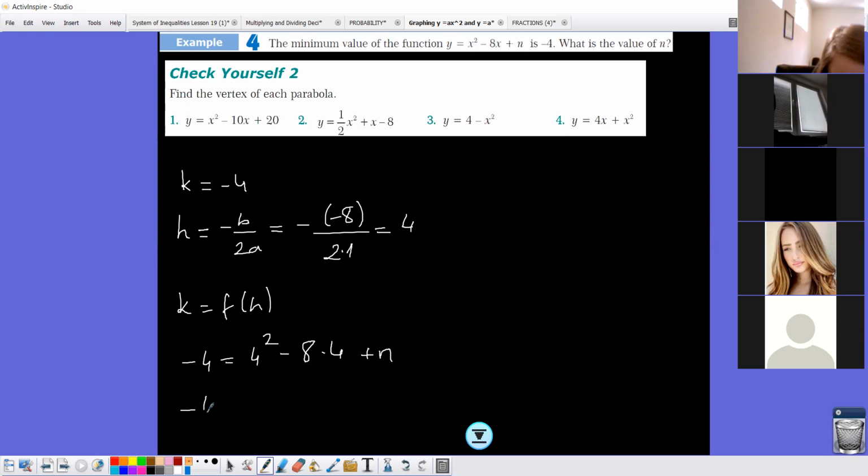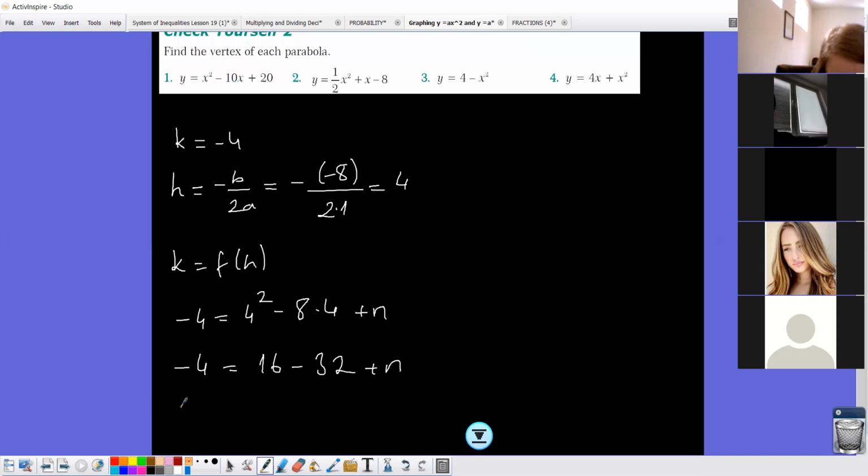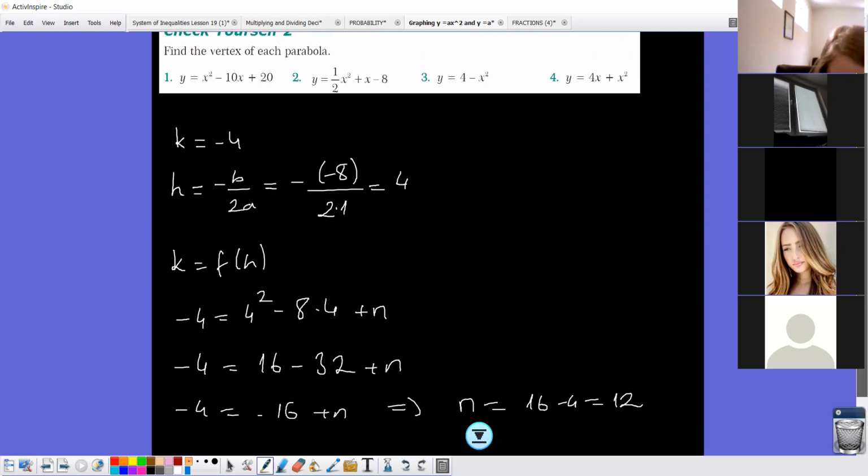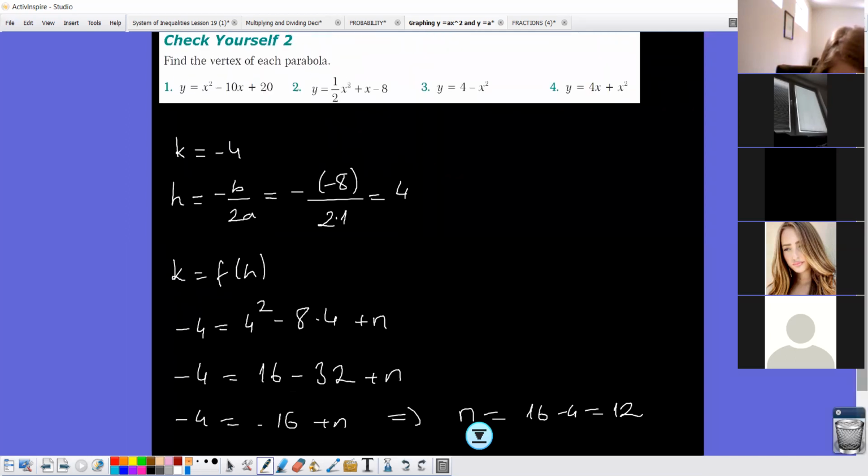So this one will be minus 4 equals 16 minus 32 plus n. Minus 4 is equal to minus 16 plus n. I will take 16 to the other side, so n is equal to 16 minus 4, which is 12. Okay?